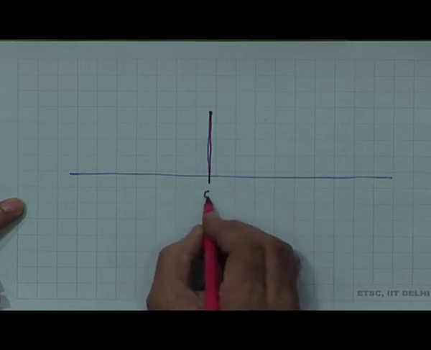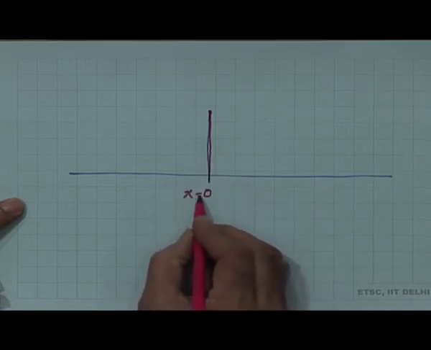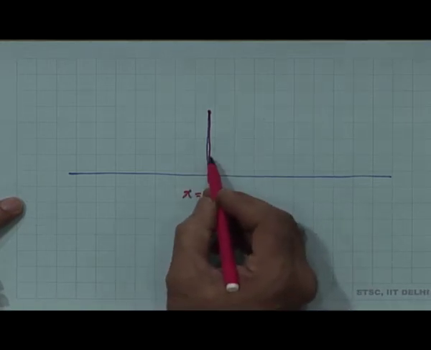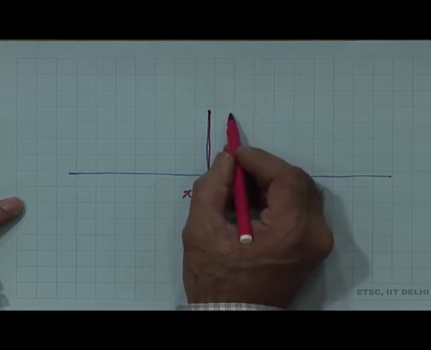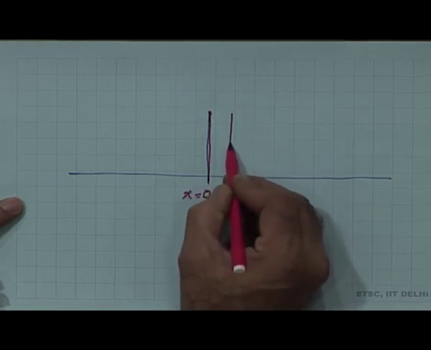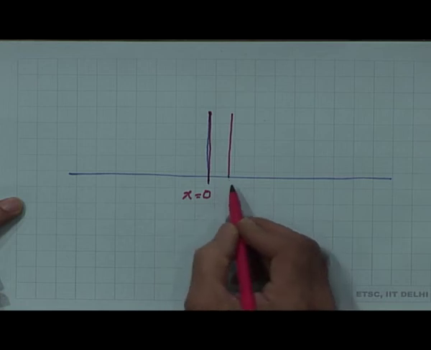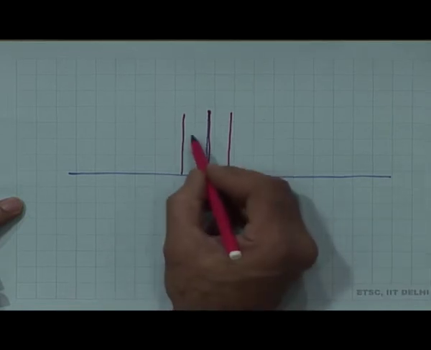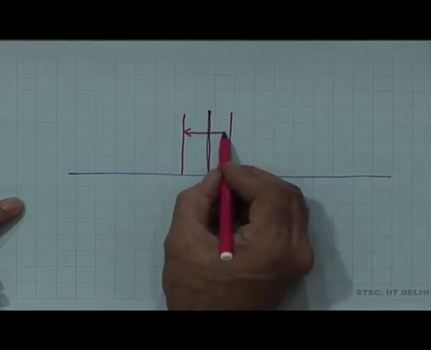So this is the point O, x equal to 0. This is the central fringe. Now, what is given in the problem is that a bright red fringe is seen at a point on this side as well as on the other side. So what is the separation between these two?